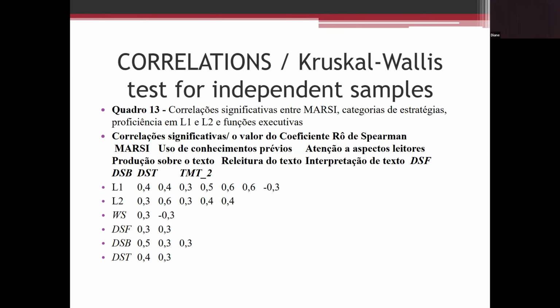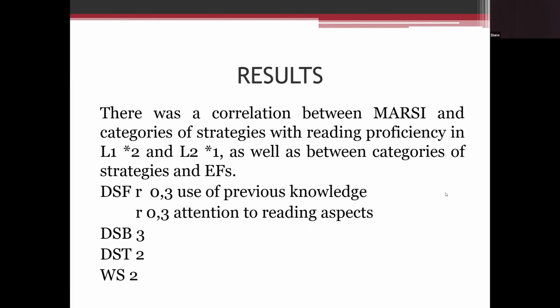Next slide, please. So our research, basically, we see that there was a correlation between MARSI and categories of strategies. And with reading proficiency in L1, it happened in two categories, this correlation, and in L2 in one category. And also there were correlations between categories of strategies and EFs. Considering it was 13, it was not a lot.